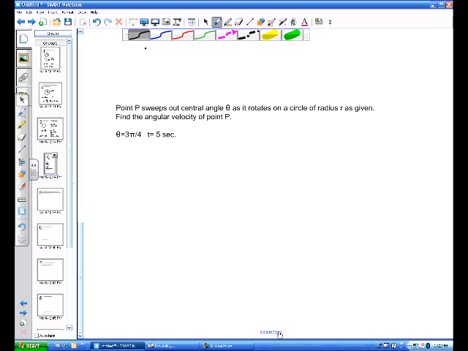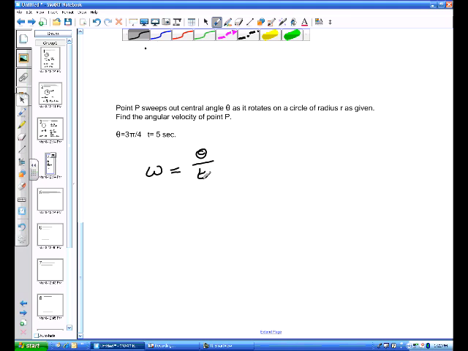Here we've got that point P sweeps out a central angle theta as it rotates on a circle of radius r. Find the angular velocity of point P. So we're wanting to know how fast the angle is changing. So we have a central angle theta. Now if we remember, that's our omega. If we start with our formula, omega, angular velocity, is equal to your central angle divided by time.